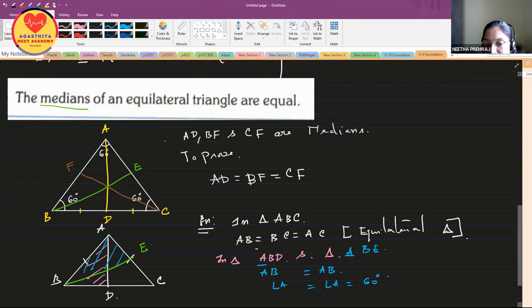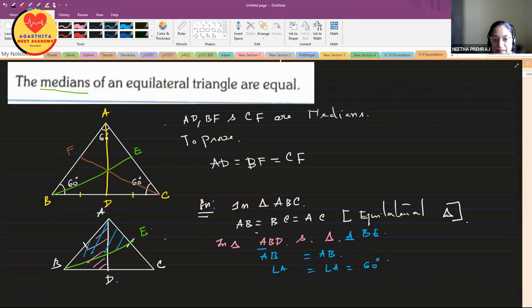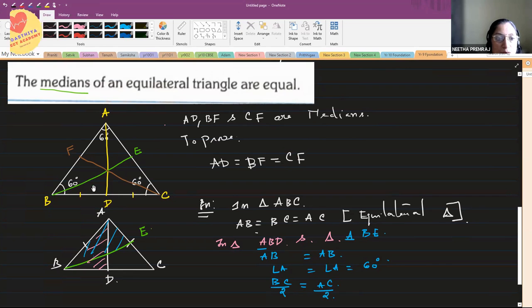You know that BC is equal to AC because it is an equilateral triangle. So half of BC, half of AC, then what happens?